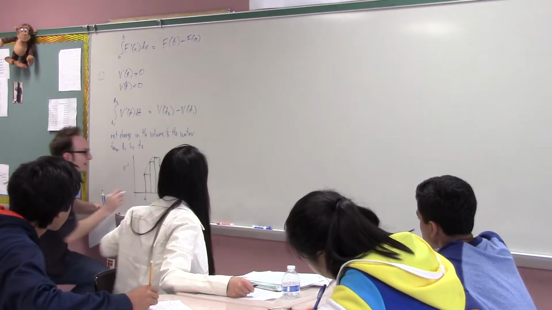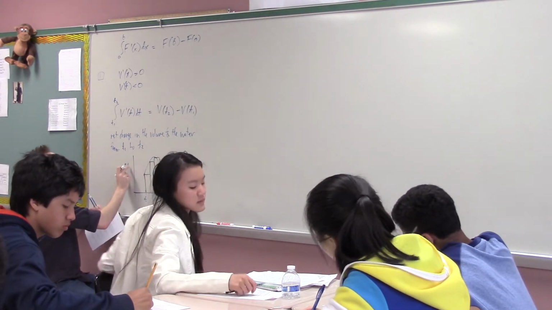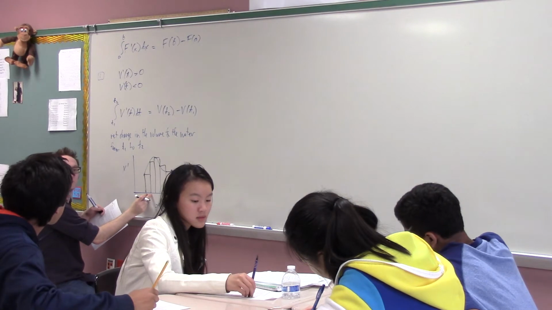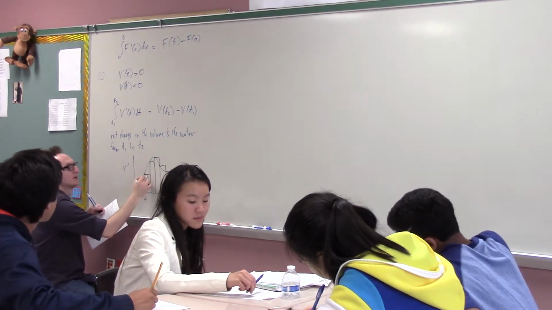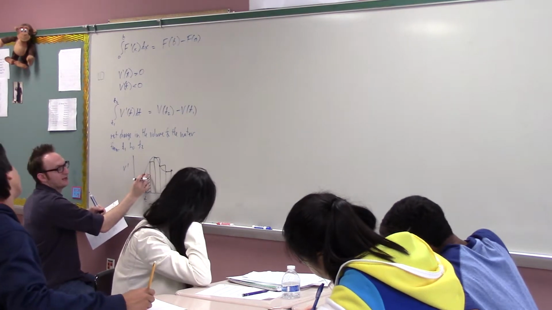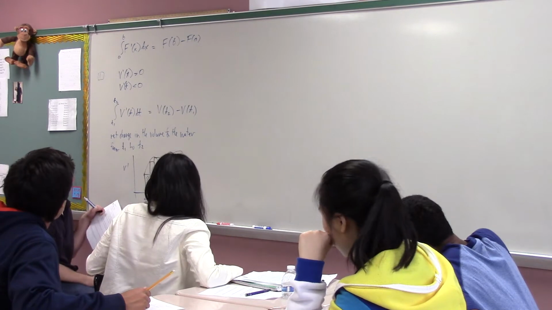The height of the rectangle is the rate at which the volume is changing, and this little time interval is the amount of time that's gone by. So if the volume is changing at this rate for this amount of time, what is the meaning of the area of that rectangle?